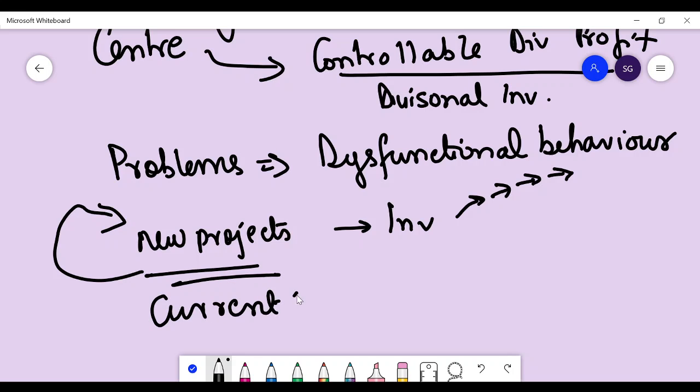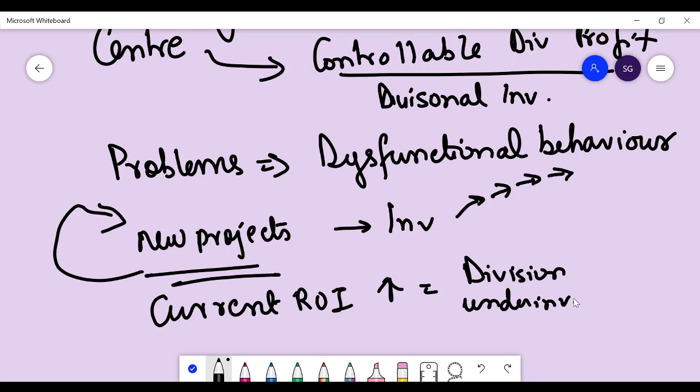Second is that current ROI can be artificially increased if a division underinvests. But that is not a good factor that we should consider.